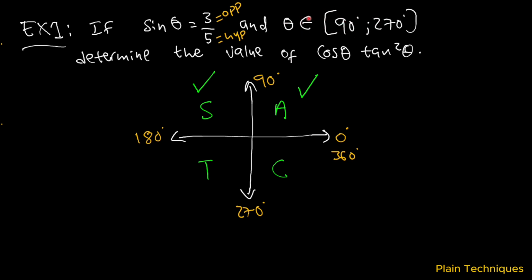Now I need to move to the second condition. Angle theta must be between 90 degrees and 270. So it must be on the second and the third quadrant, because this is 90 degrees and we are moving anti-clockwise.